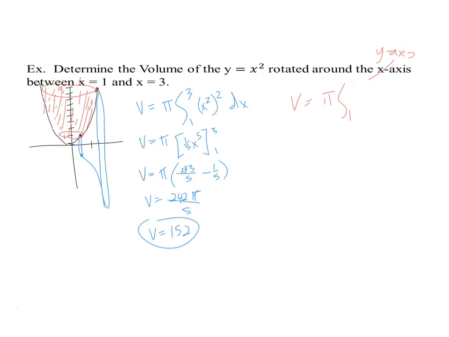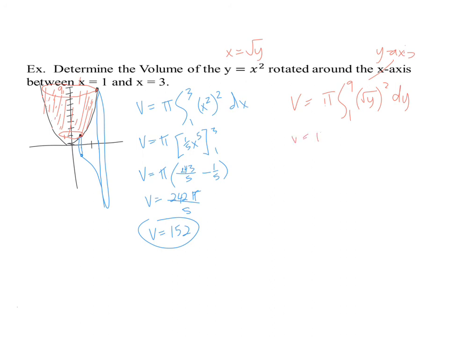We need our equation, just like we did previously, to be isolated for y instead of x, so we would rearrange this equation. That would be x equals square root of y. So we're going to put that in as our equation and square that. And then the last part is we would do that integral with respect to y instead of x. So you can see the blue one is everything in x's, the red one now everything's in y's. Other than that, it works exactly the same.